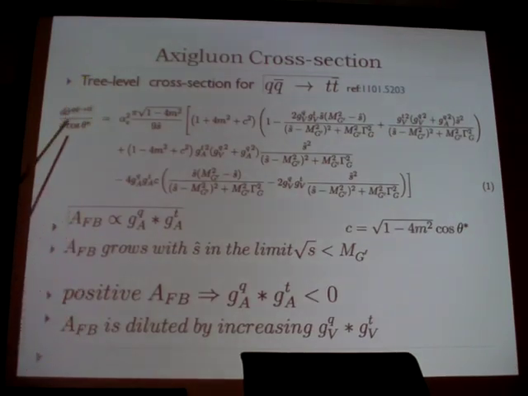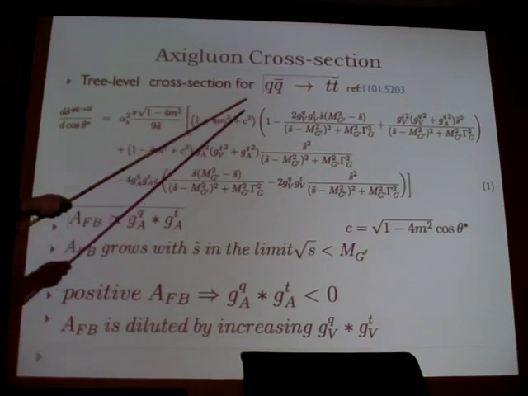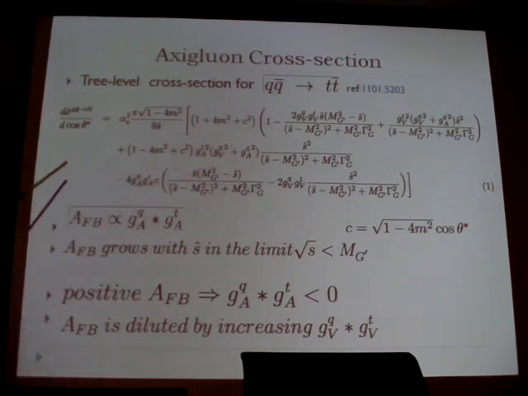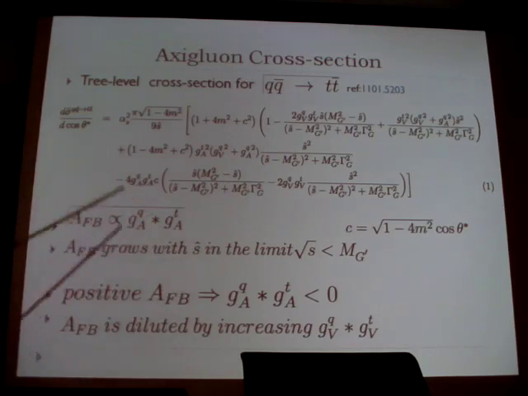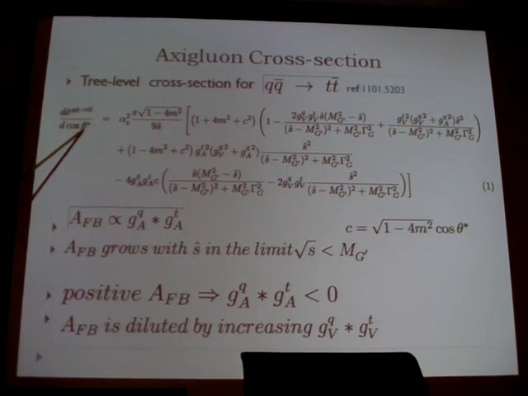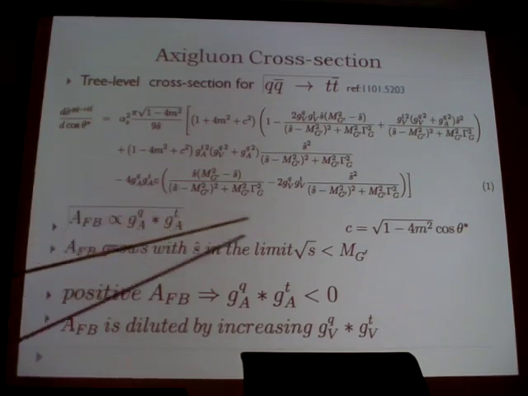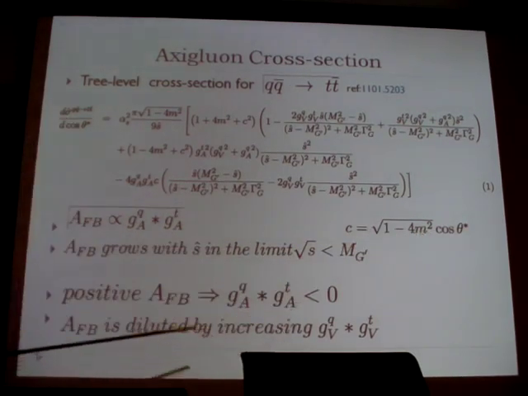So here is a tree-level cross section for q q-bar to t t-bar with an Axigluon, and the interference term is given by the third line here. From this formula, we can see that the polar angle theta, here C, is this quantity.